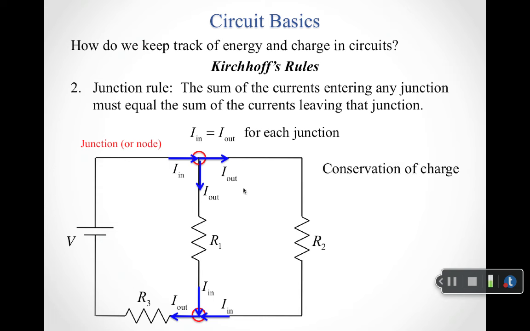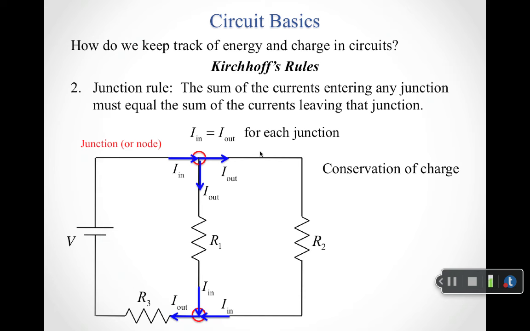Now, fundamentally, the fact that we can't lose any current in our junction is a way of saying that charge is conserved. So we have conservation of charge. We're not losing charges, we're not gaining charges. Whatever charge comes in, it's got to go out. That's fundamentally what our junction rule is telling us.